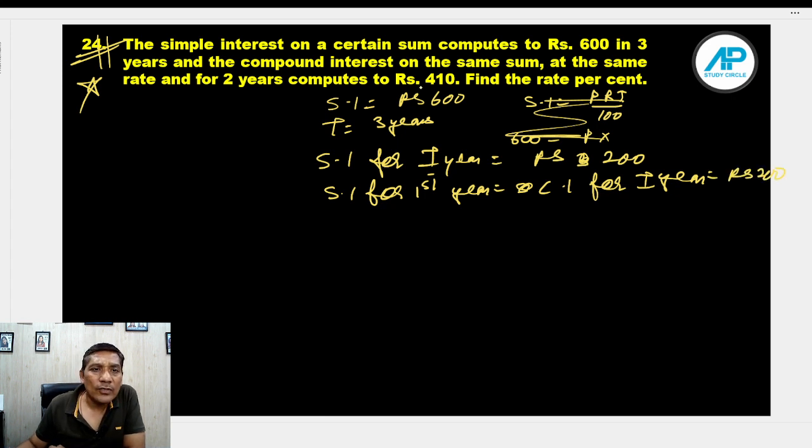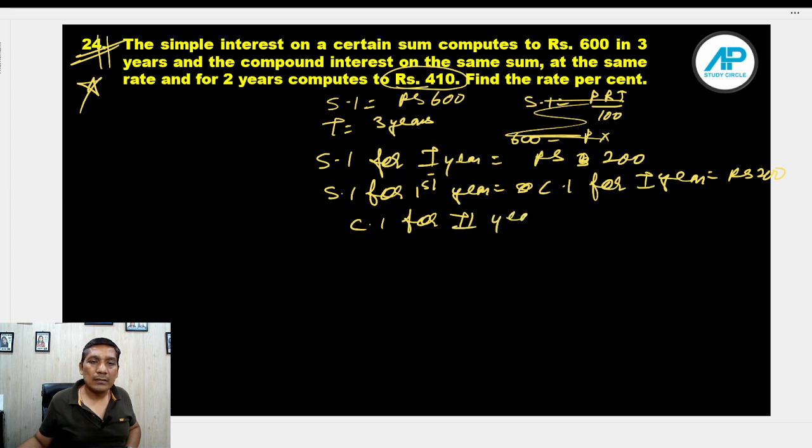You can see a value here. The compound interest for 2 years is rupees 410, and that means compound interest for second year is 410 minus 200.